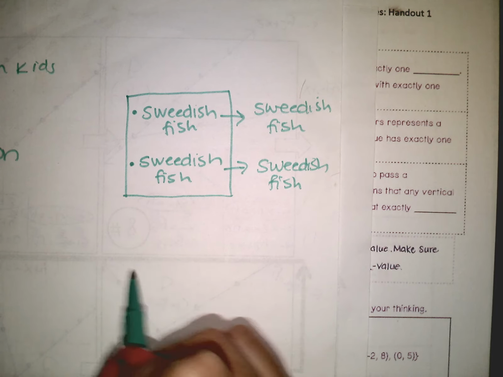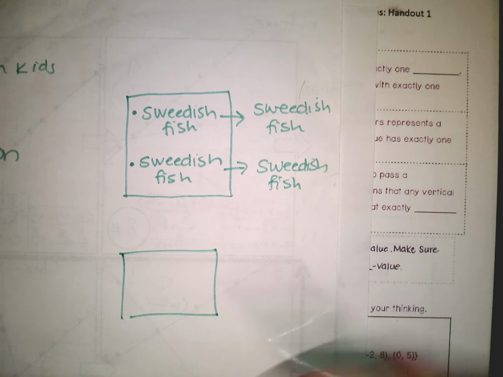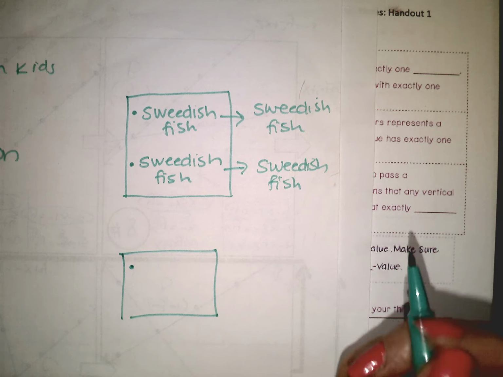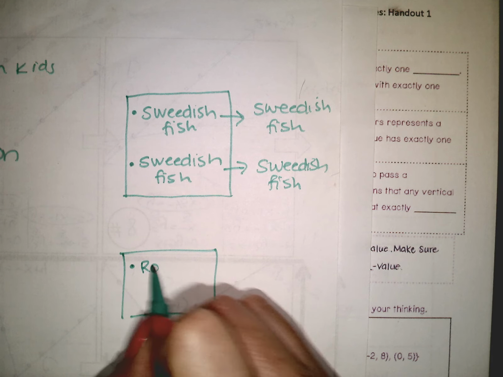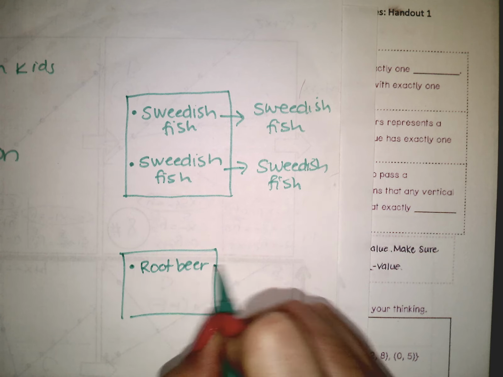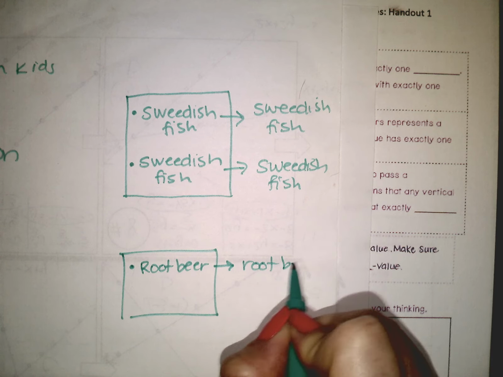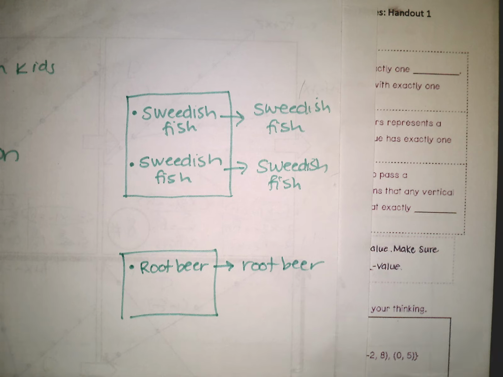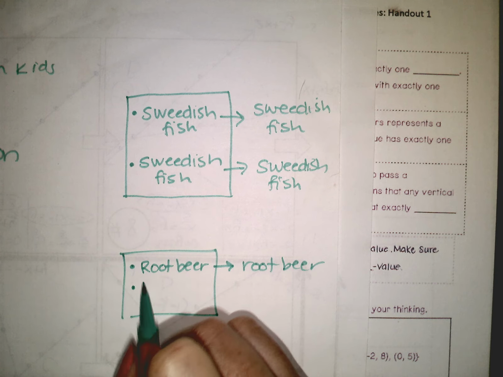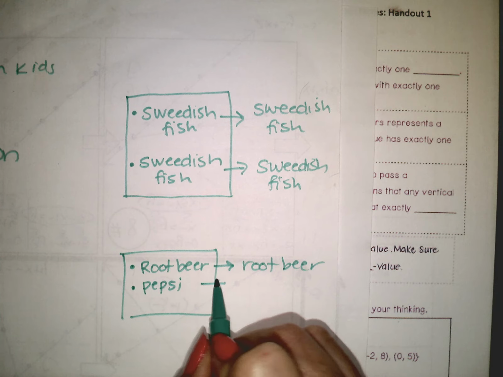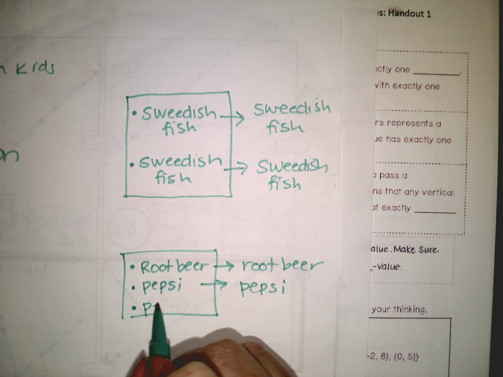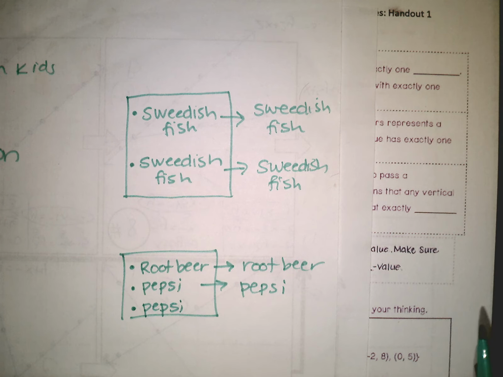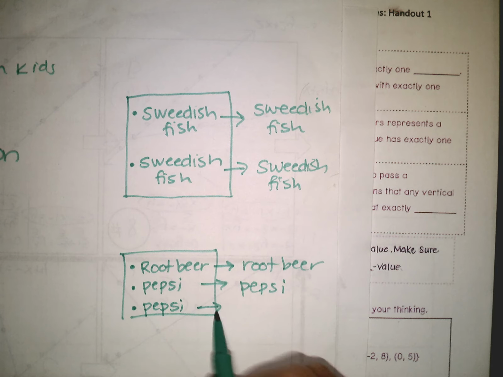If you go to a soda machine and you want a root beer, it produces a root beer. The next one down might be a Pepsi, and it produces a Pepsi if you push that button. Then there might be another button down below. There might be 2 Pepsi buttons. So if this is a function, what does it have to do?